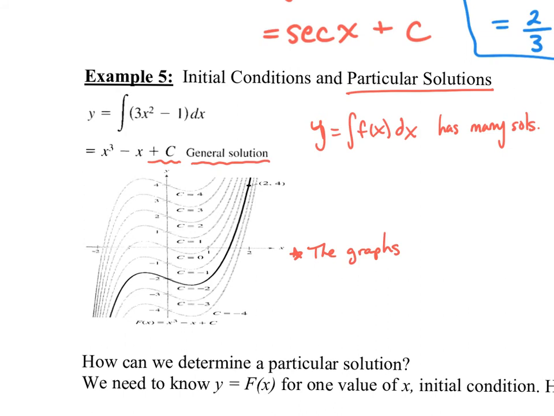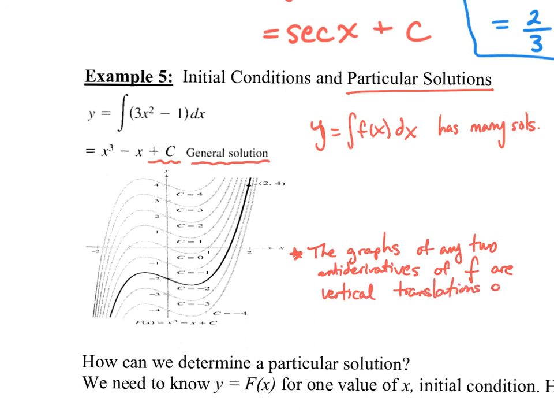If I do a plus 3, it's going to move it up 3. If I do a minus 2, it's going to move it down 2. So the graphs of any two antiderivatives of f are vertical translations of each other.